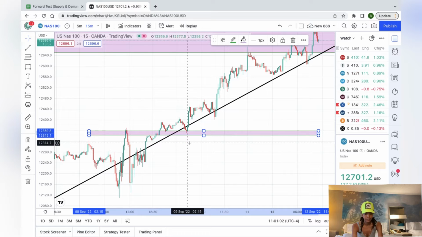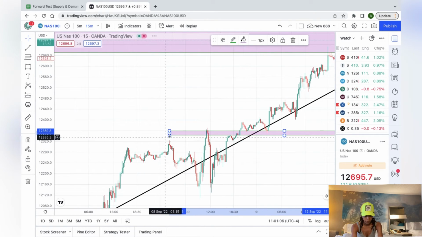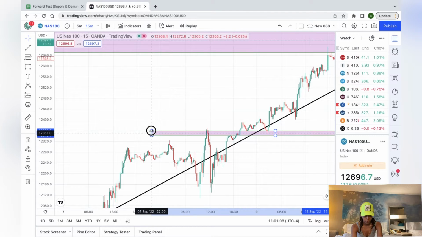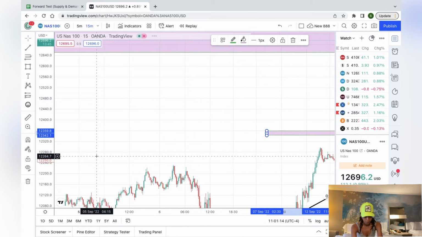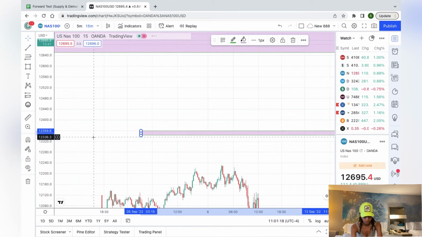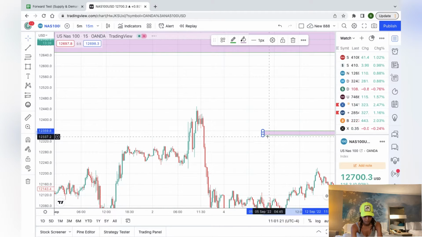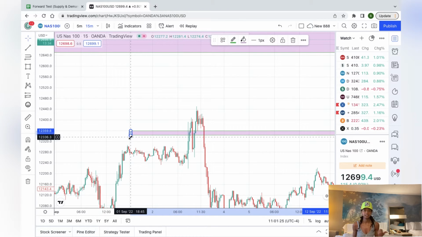And then, like I said, once we mark that zone, we want to pull it over and see if we have other areas where it touched, to make sure this zone is solidified. Sometimes you might have to go on to the other time frames, because it might be too far in the past that it would have touched that zone. So you want to go on to the hour or the daily so that you're not scrolling forever.